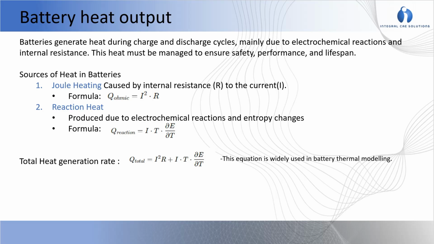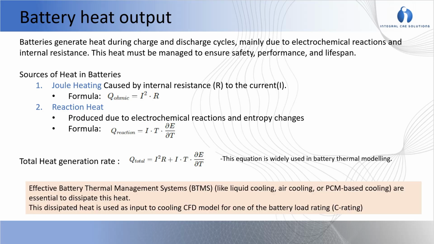The second one is the reaction heat, which is produced due to the electrochemical reactions and entropy changes. So the total heat generation is the summation of these two factors. Effective battery thermal management systems like liquid cooling, air cooling, or PCM-based cooling are essential to dissipate this heat. This dissipated heat from the battery is used as an input to the cooling CFD model for one of the battery load ratings we are going to use in this simulation.